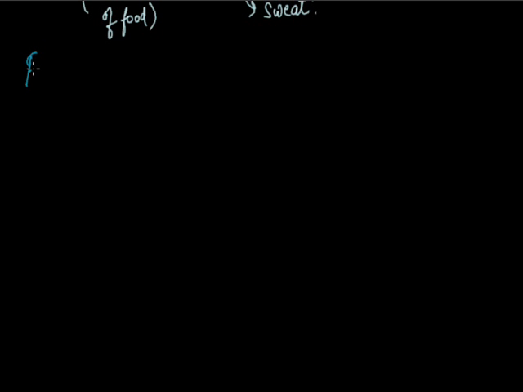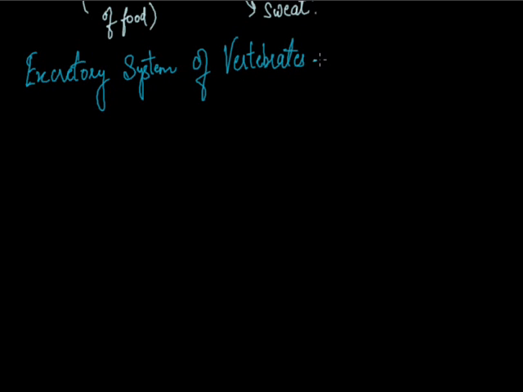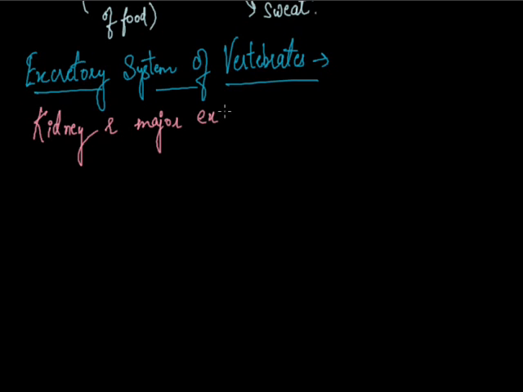Now, we will study in detail the excretory system of vertebrates. That is, in detail we'll study the kidney. As I have told you, kidneys are the major excretory organ.